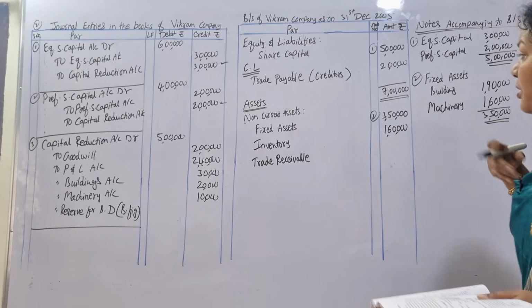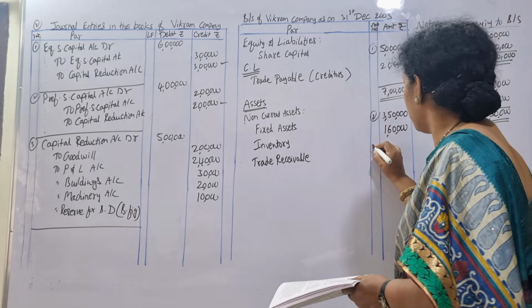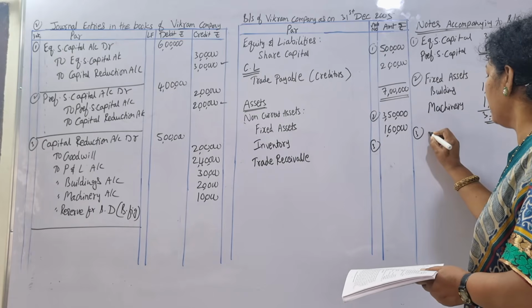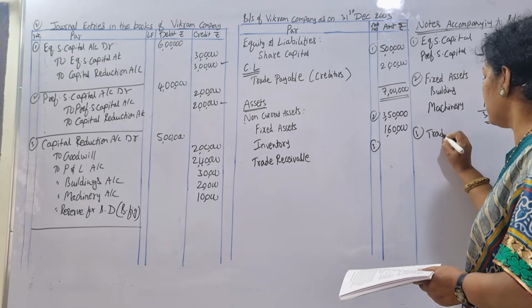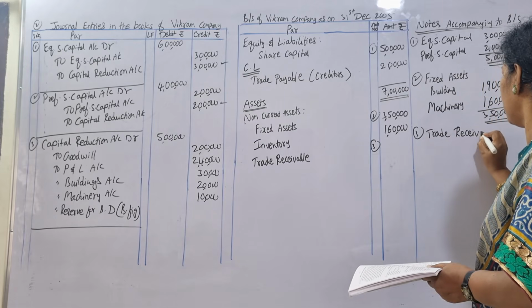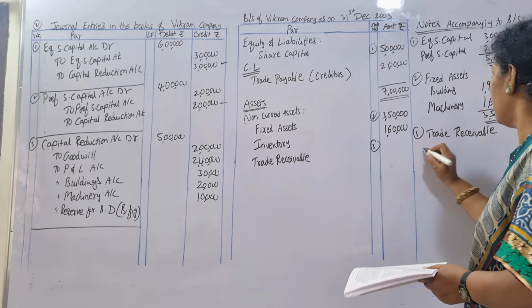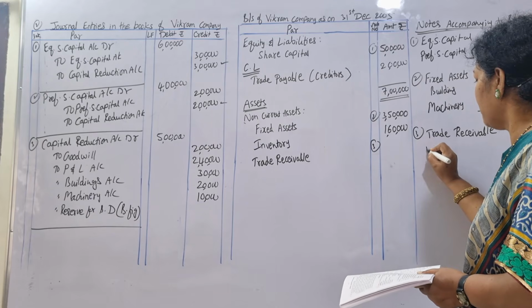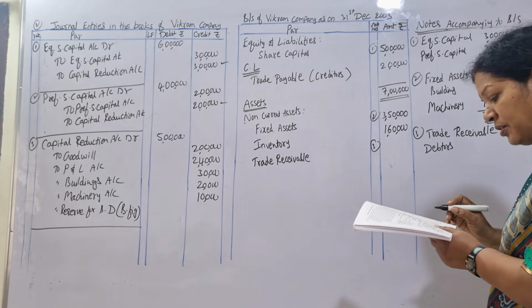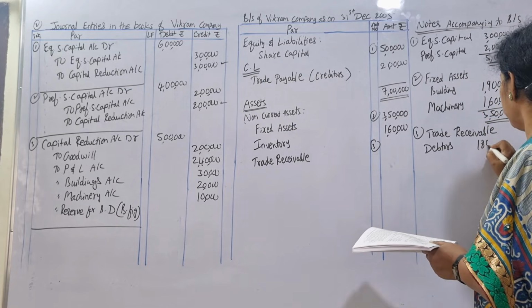So this we can show in the working notes. Note number 3. So note number 3 is here, trade receivable. Here debtors are 1,80,000.